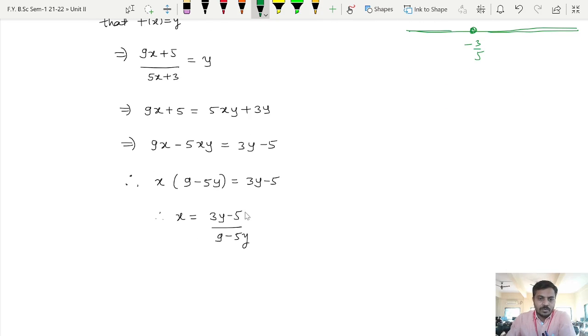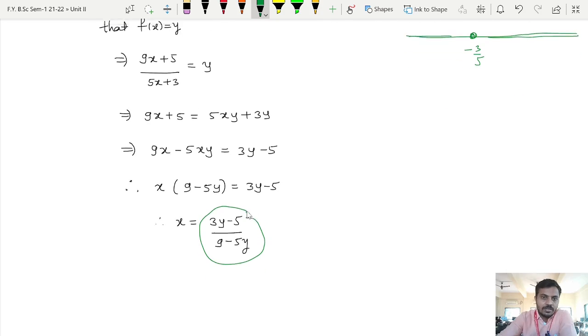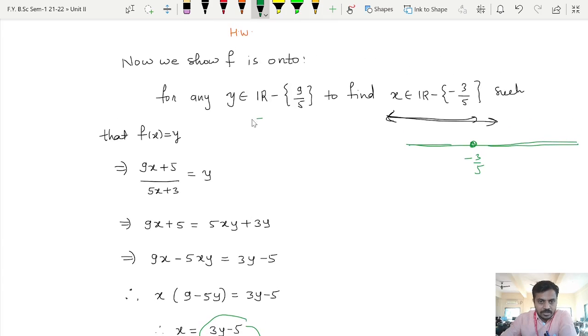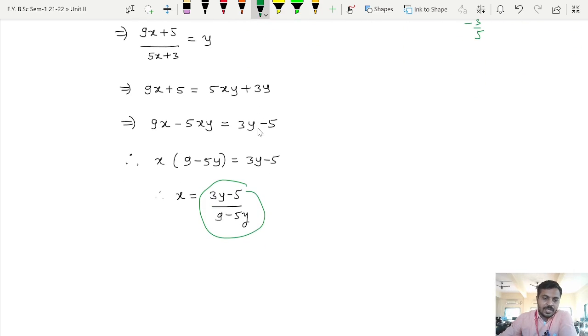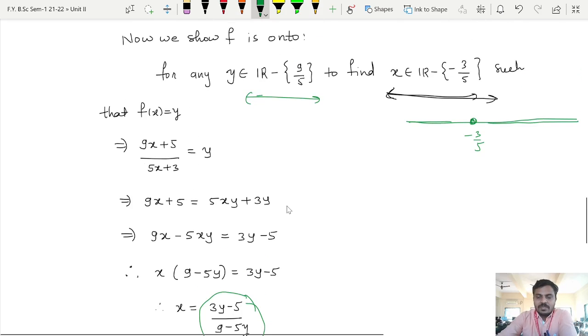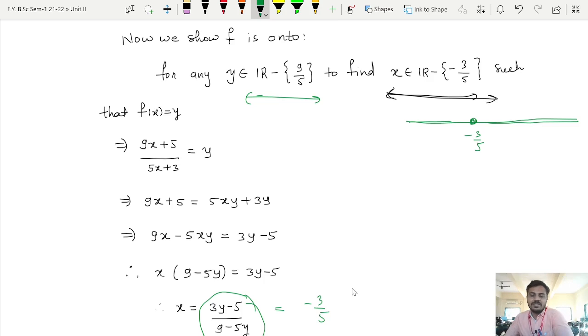Whatever value of x we got, remember y is from the codomain, so y is a real number, so no issues with that. Whatever answer we get here is going to be a real number. The only thing is that this real number should not be equal to minus 3 upon 5, because if the real number x is equal to minus 3 upon 5, then it will not be in the domain. So in order to show that it is present in the domain, we need to show that it is not equal to minus 3 upon 5.